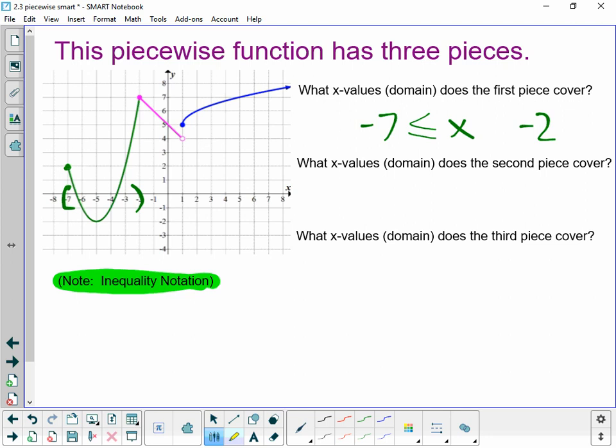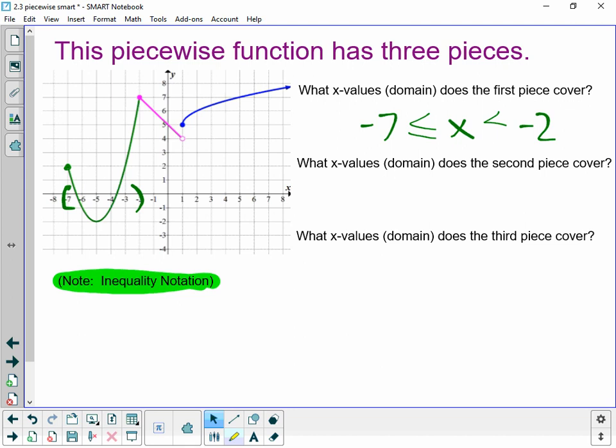So you could choose on this one if you wanted to include it on the -2 side or not. I'm going to go ahead and include it on the line, so I'm going to leave it without, but it's not necessarily wrong if you chose to include it there.